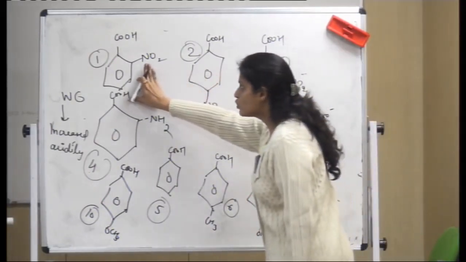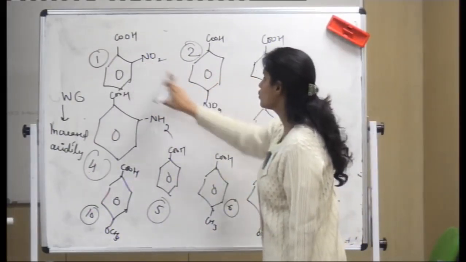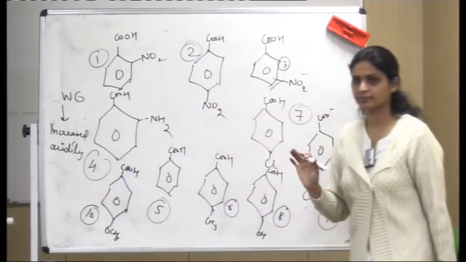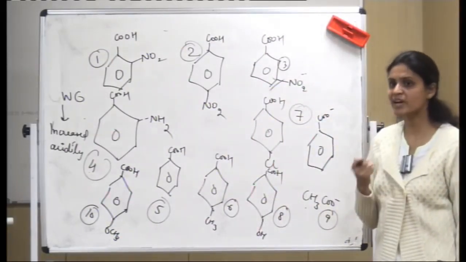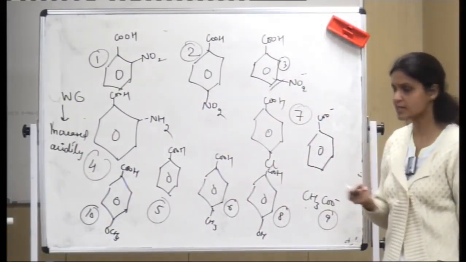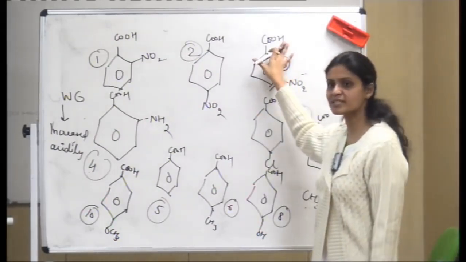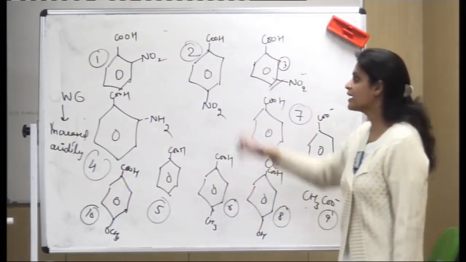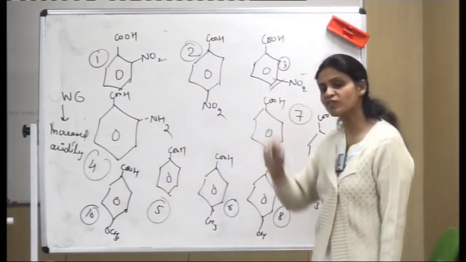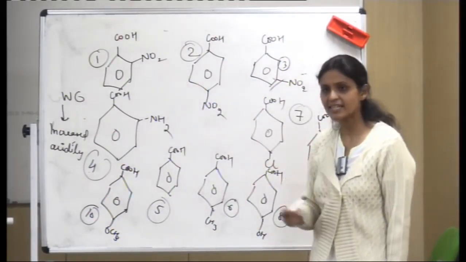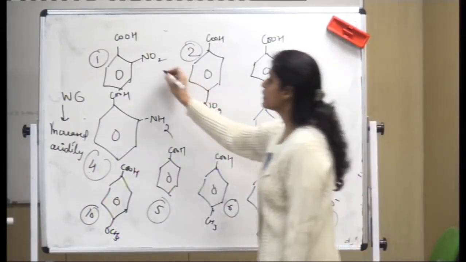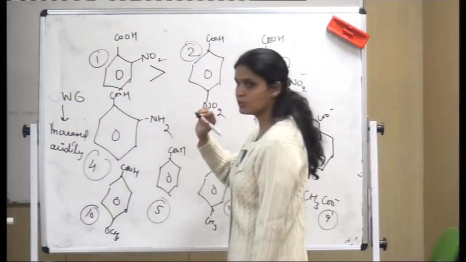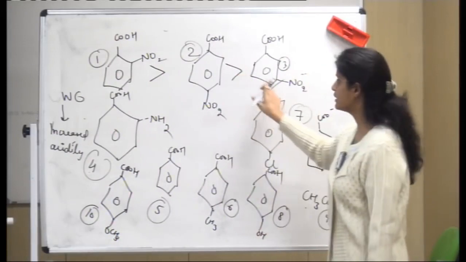What about if I want to compare nitro, ortho, meta and para? Ortho is always more acidic due to the ortho effect. Again, the carboxylic group is ortho and para directing, and hence ortho and para will be more acidic as compared to the meta, and hence the order is ortho followed by para, then meta.